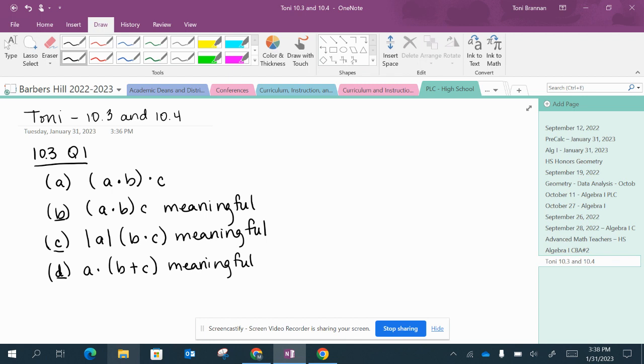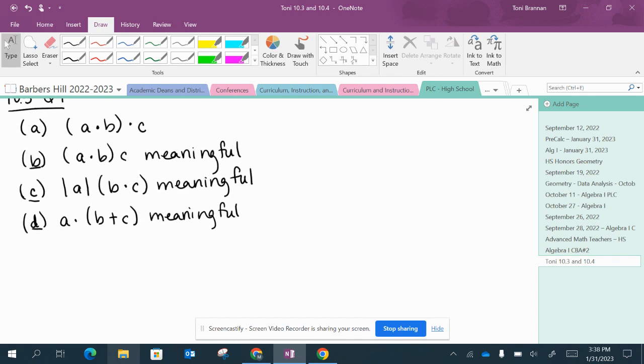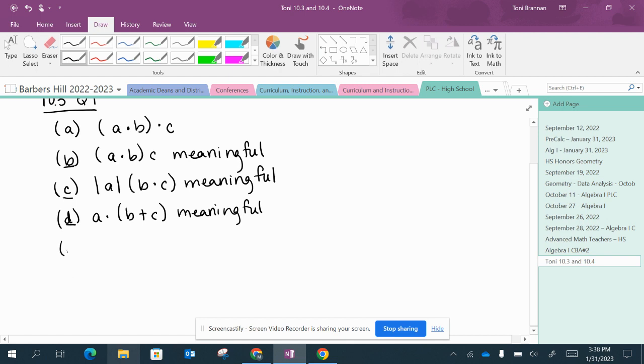And then finally, we do have an E and an F also. We found that E, A dot B plus C was not meaningful. And F, we had the length of A times B plus C, and that was not meaningful.